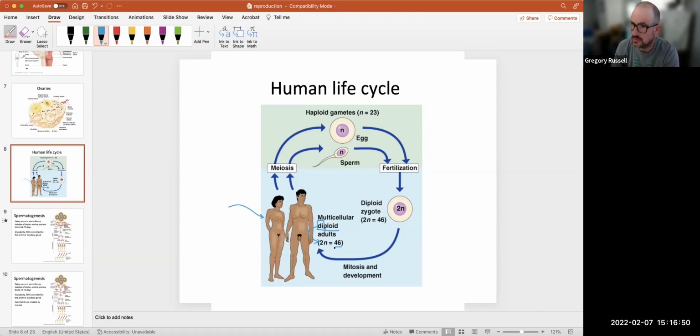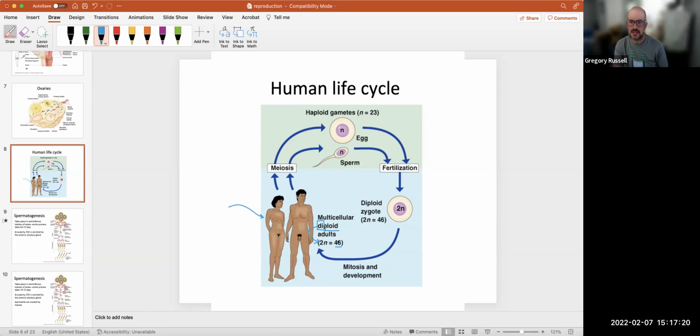Of those 23, one of them that dad gave you is a sex chromosome, one of them that mom gave you is a sex chromosome. And of course, that's what determines your biological gender. Okay, or your biological sex, I guess I should say. All right. So essentially, that's what we have here: these 46 chromosomes. Of those 46 chromosomes, 2 of them are sex chromosomes. The remaining 44 are what we call autosomes.